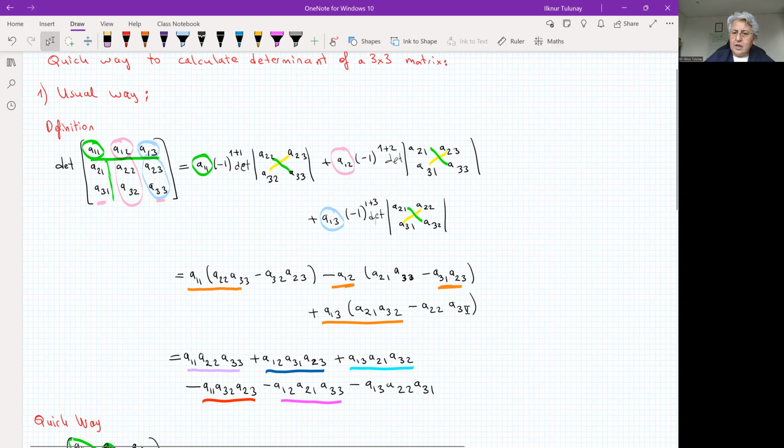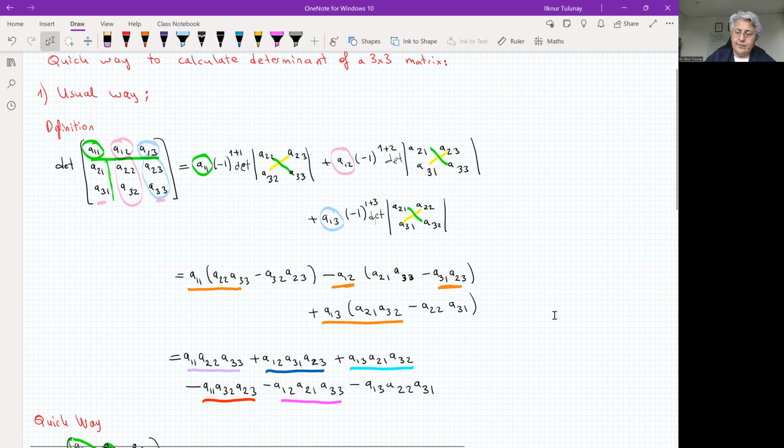Another negative one comes from this corner, A13, A22, A31. Okay, right. So this determinant is equal to this number, whatever it is, for any AIs. AIs are any real numbers.